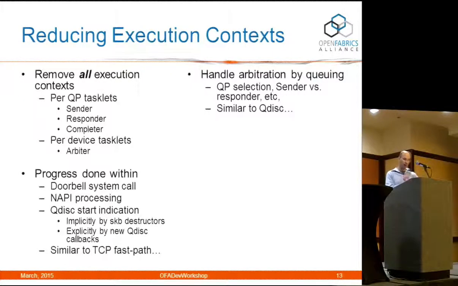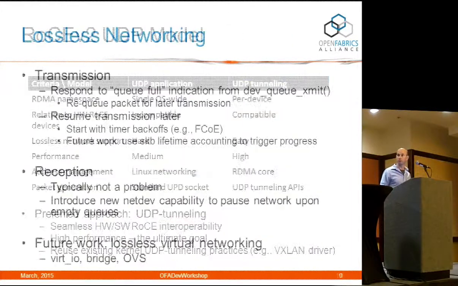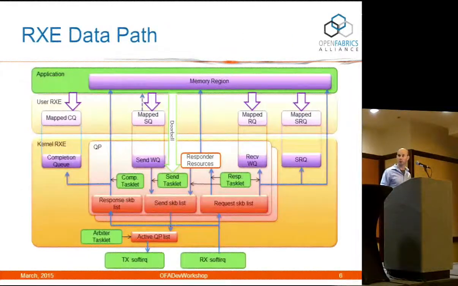The final deep dive is reducing execution contexts. And I return here to the existing architecture, which, as I said, is an excellent starting point. But our observation is that all these green boxes inside RxE are completely redundant.